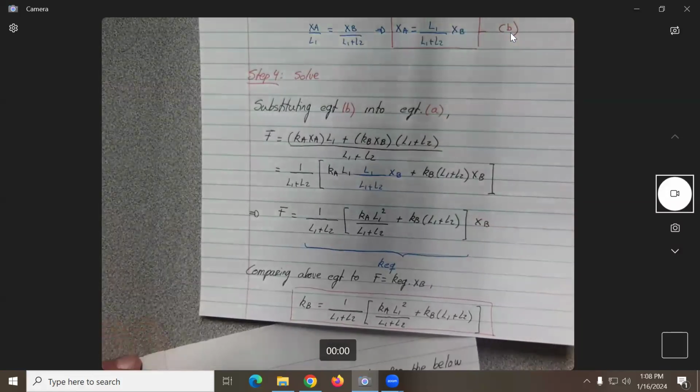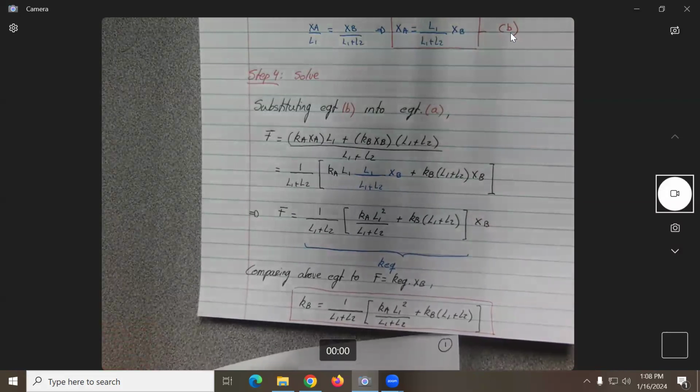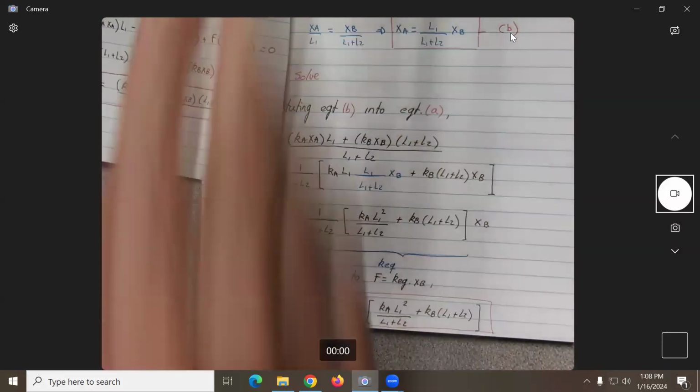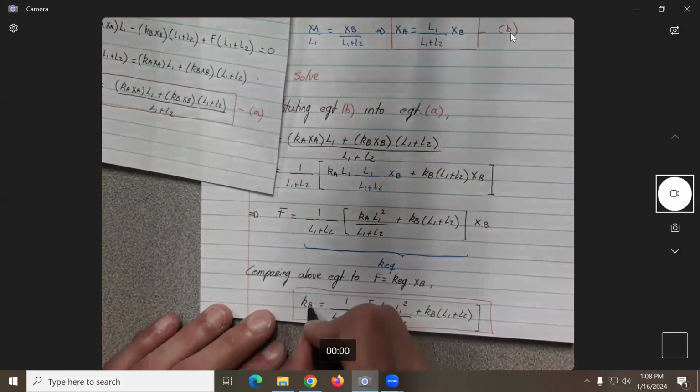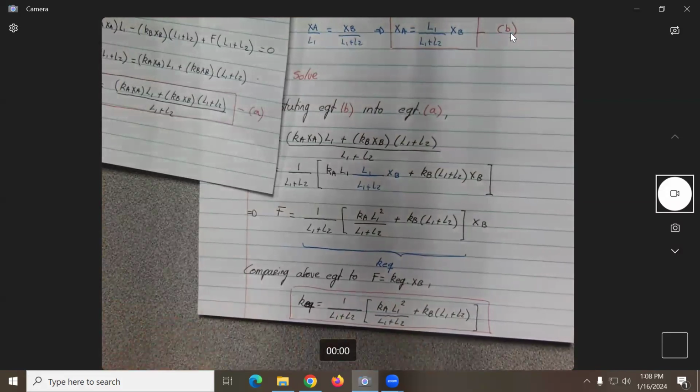Any question? Yes. That's supposed to be KB or K equivalent? Oh, K equivalent. That should be K equivalent.